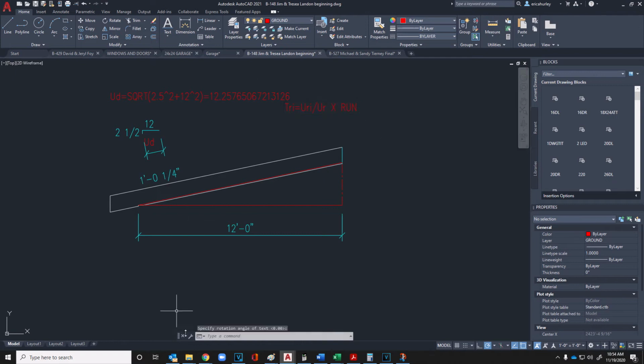All right. So again, remember that on a shed roof, the span is equal to the run. It's all the same.